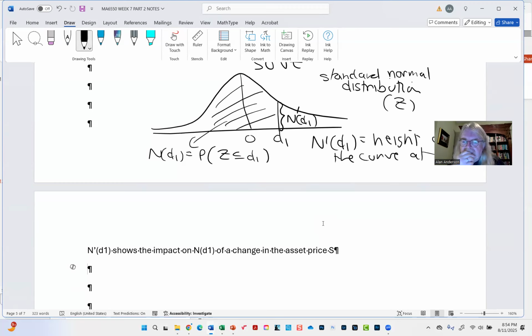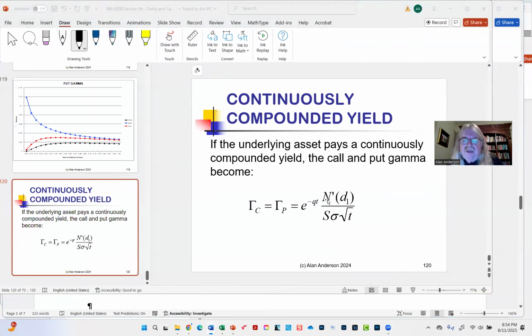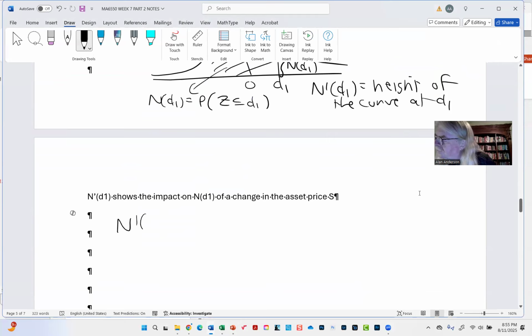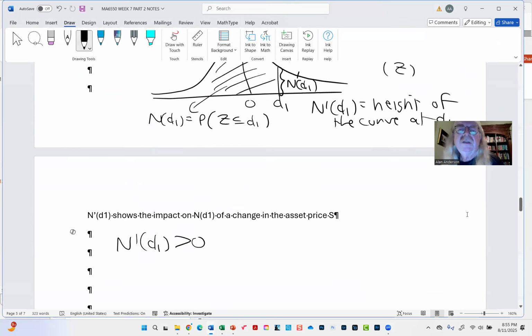So it's very difficult to visualize what this is telling us. It's the incremental change or marginal change in the probability of Z finishing less than or equal to D1 when there's been a change in S, which in turn triggers a change in D1. Okay. Anyway, that's the formula. And by the way, you can see why, as an interesting side note, this N prime of D1 is guaranteed to be positive.